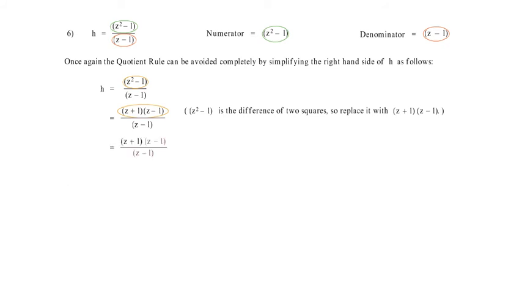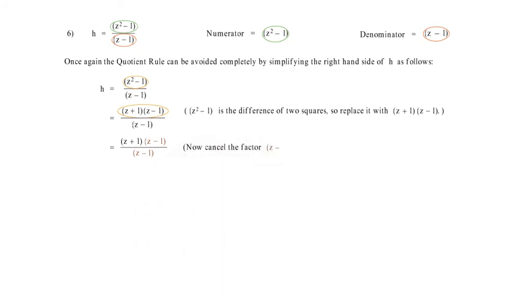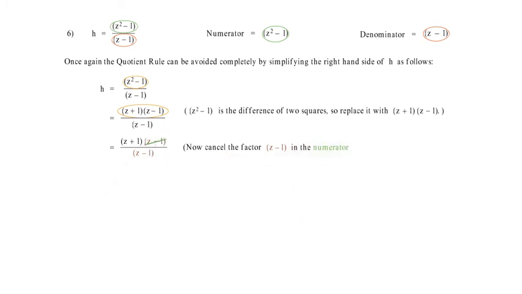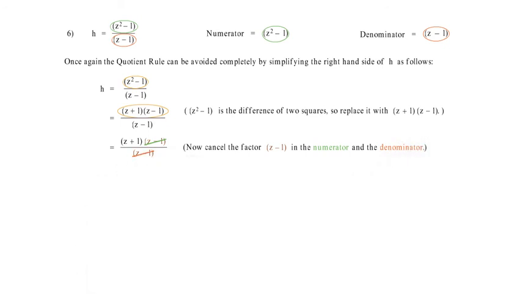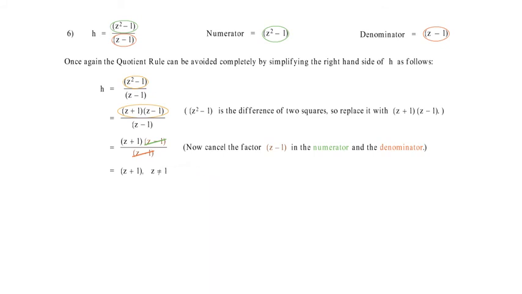Now cancel the factor z minus 1 in the numerator and the denominator. Equals z plus 1, z not equal to 1.